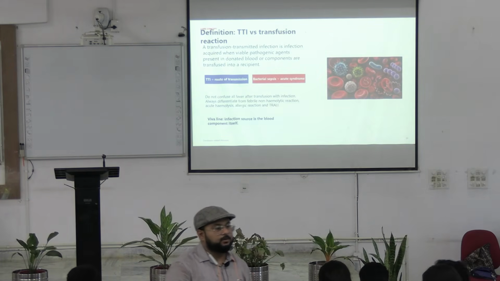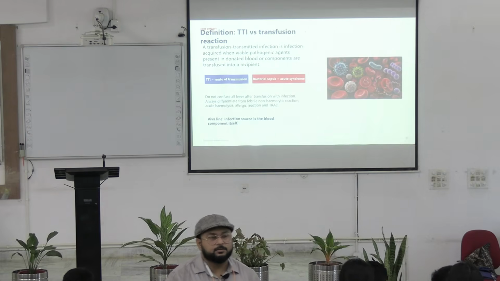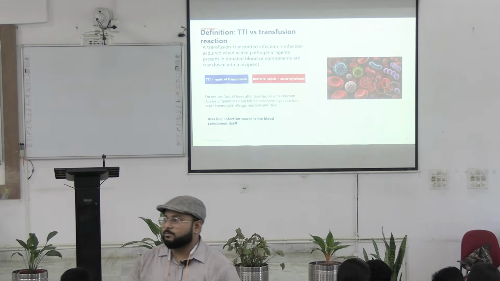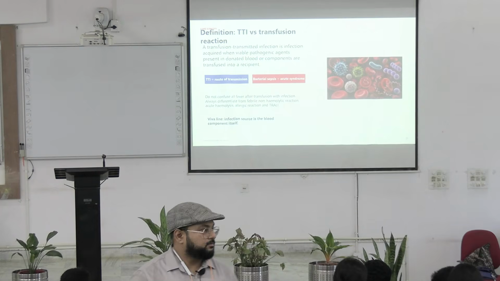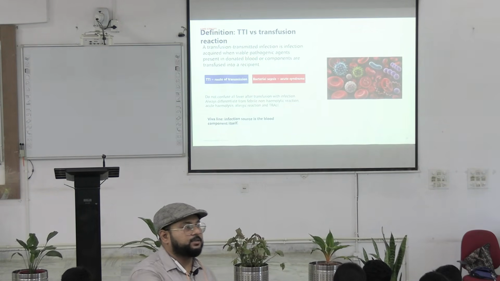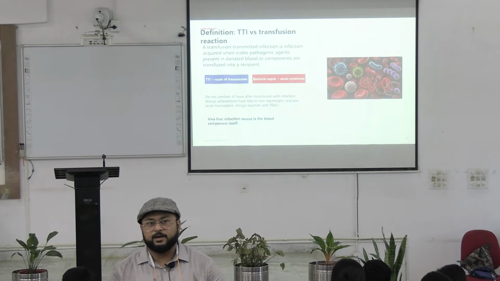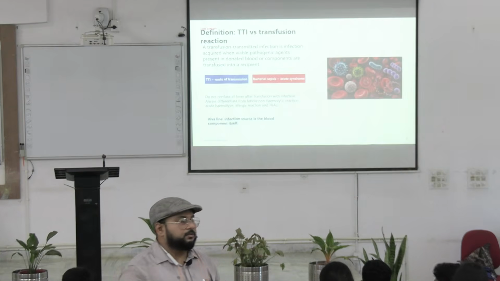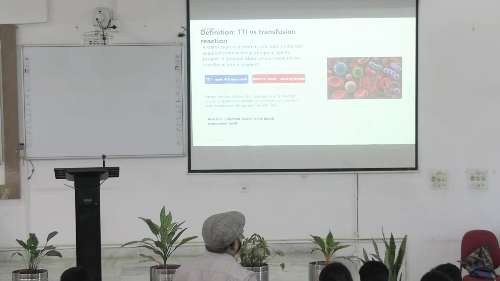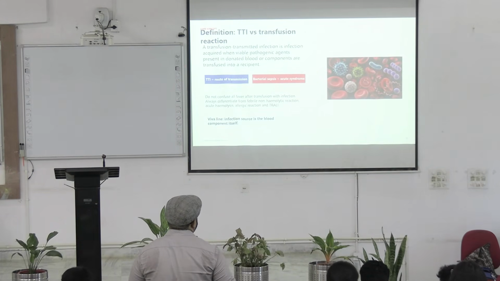At that point of time, when a patient suddenly receives lots of blood products, there may be a chance of an acute reaction by these blood products, but that is not infection. This is called TRALI. But when the donor's blood products contain some infections like hepatitis C, syphilis, malaria, and that is transfused through blood, that is called transfusion transmitted infection.